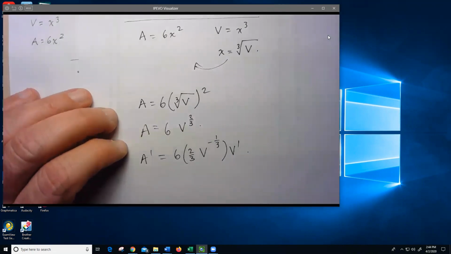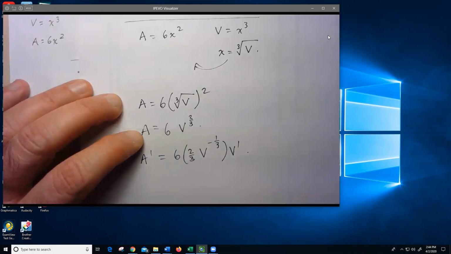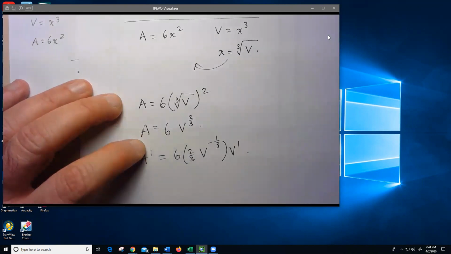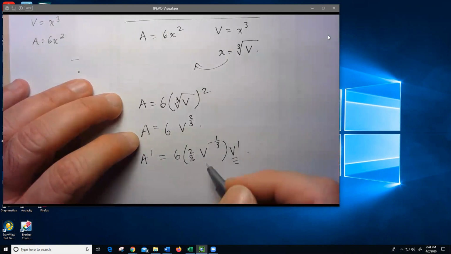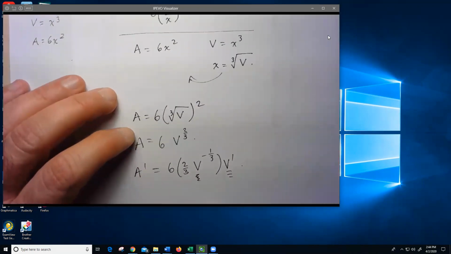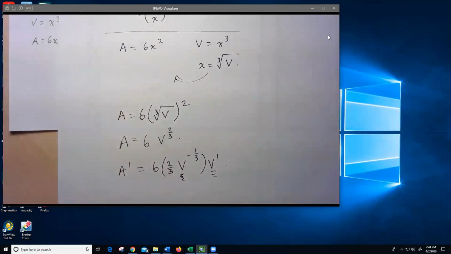okay? And of course, the annoying thing here is I have to deal with these roots, okay? But I know what V prime is, and how can you calculate V at that specific moment? Well, you don't actually have to deal with the root, because when you calculate it, it's just going to be x to the power of negative 1, right?